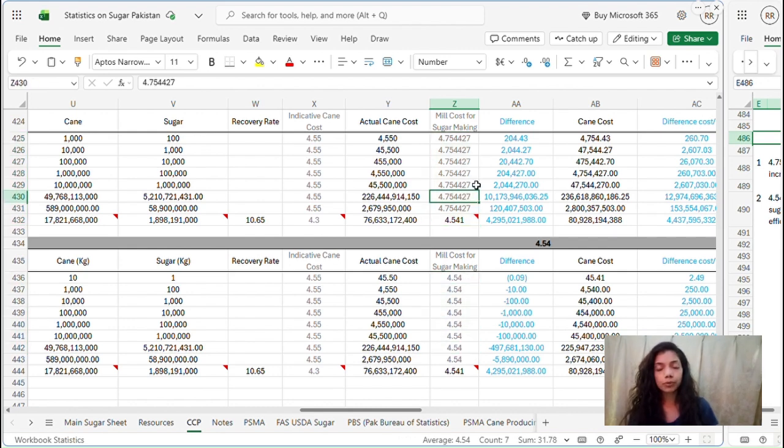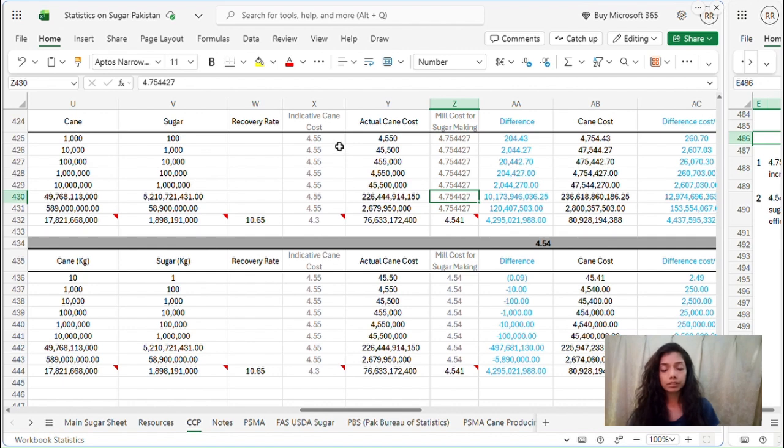Now this number 4.75 we arrived at after calculating, like we got the sugar amount, quantity, price and all, and then we reverse calculated and found the cost of cane required to produce per kg sugar. And then from per kg sugar price we multiplied it with the indicative cost price, that is 180 divided by 40 kg.